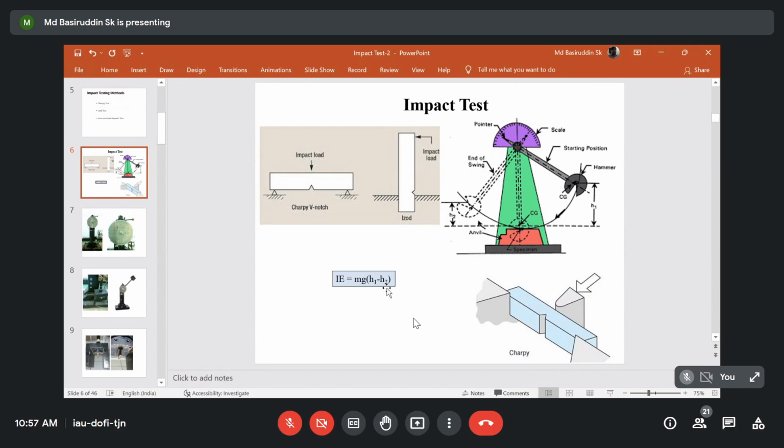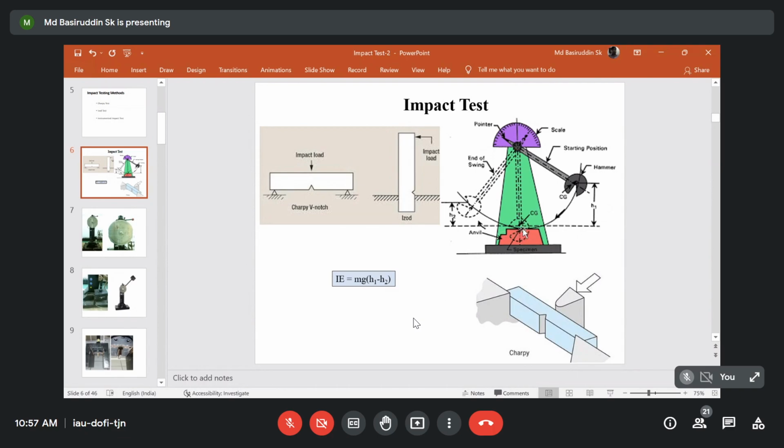If we measure the change in height, that will reflect the material's impact energy absorption capacity. So IE, the impact energy, equals mg into h1 minus h2, where h1 is the initial height, before striking, and h2 is the height after striking.